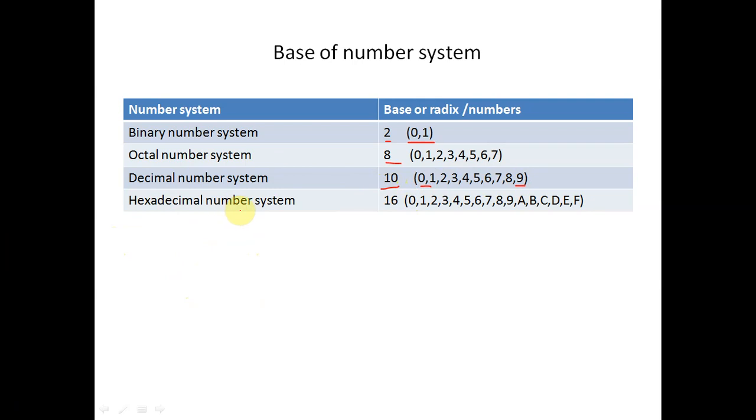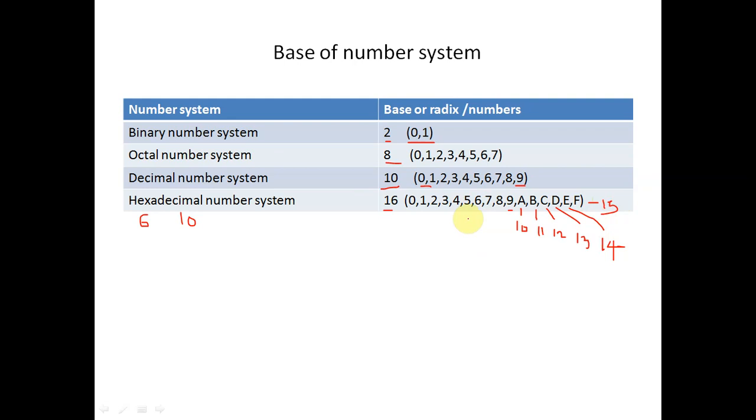In hexadecimal number system, hexa is nothing but 6 and decimal is nothing but 10. So total base of hexadecimal number system is 16, and in this number system 0 to 9 numbers are present. After that, A is nothing but 10, B is 11, C is 12, D is 13, E is 14, and F is 15.